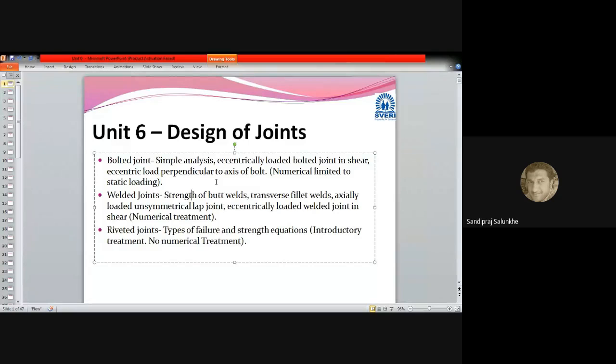And the joints which we are going to see in this unit are permanent joints. The components we are joining together do not have any relative motion with each other. Otherwise, in theory of machines, we have seen pairs which are formed.